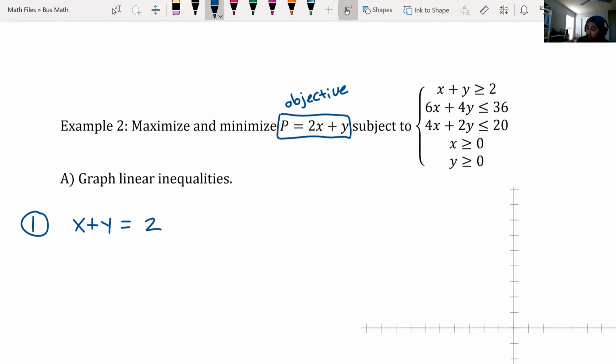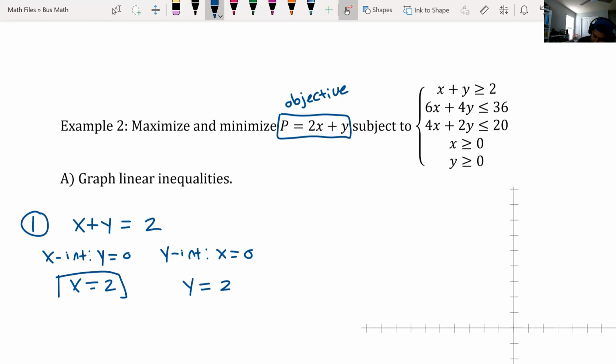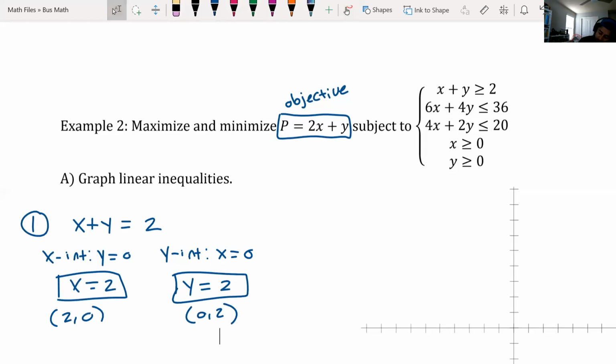And if you go for your x-intercept, y-intercept, x-intercept y equals 0, y-intercept x equals 0. Here you'll get x equals 2. Here you'll get y equals 2. There's my x-intercept and y-intercept, which creates the points 2, 0 and 0, 2.